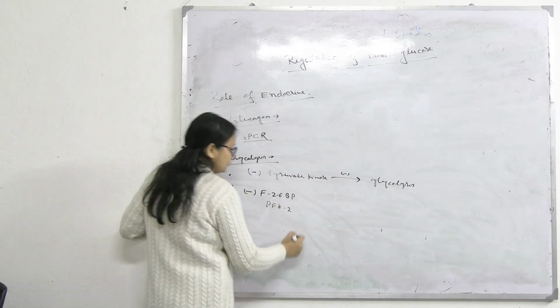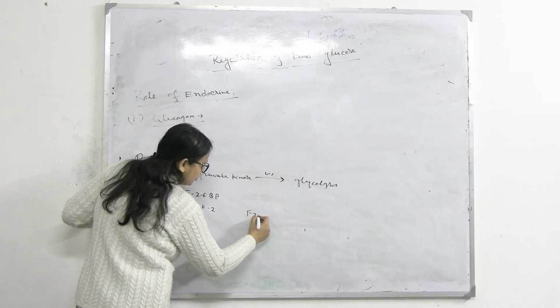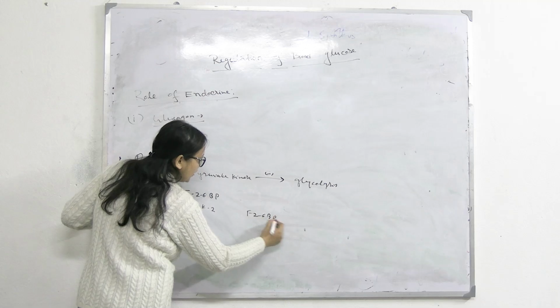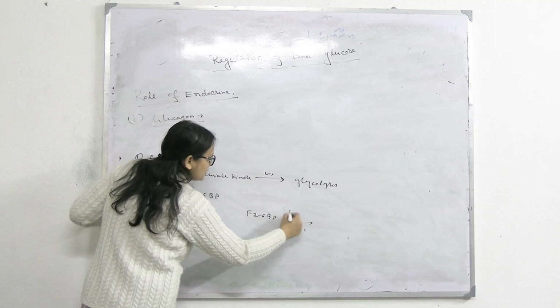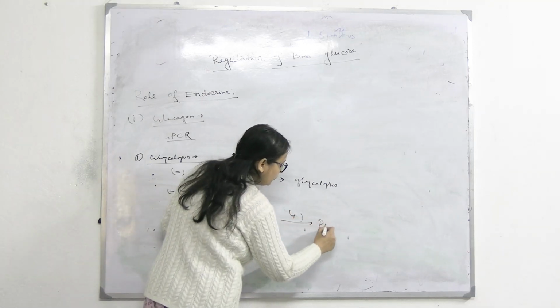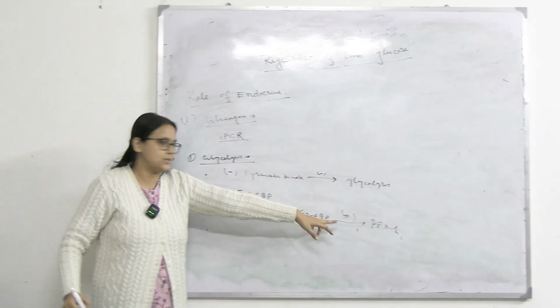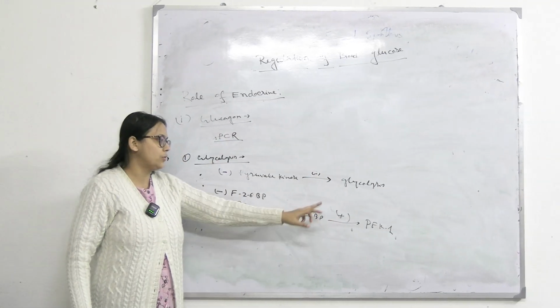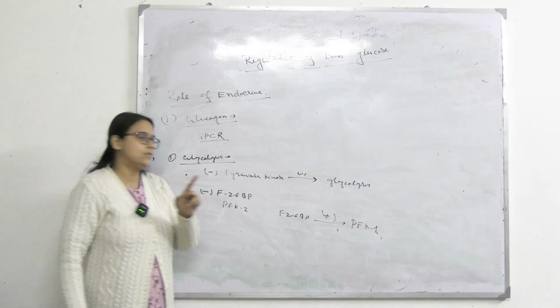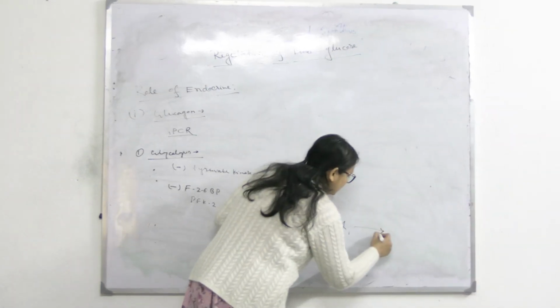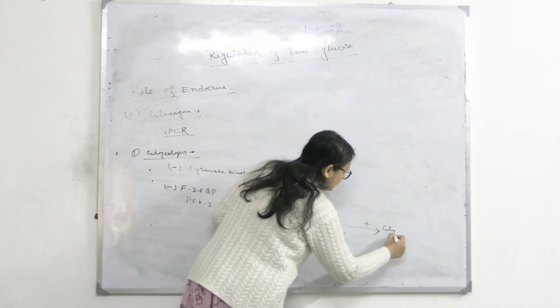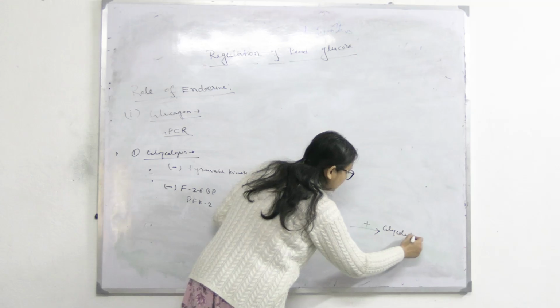Okay, what does it do? Fructose 2,6-bisphosphate activates phosphofructokinase 1. That is the enzyme of glycolysis. So activation of phosphofructokinase 1 means activation of glycolysis.